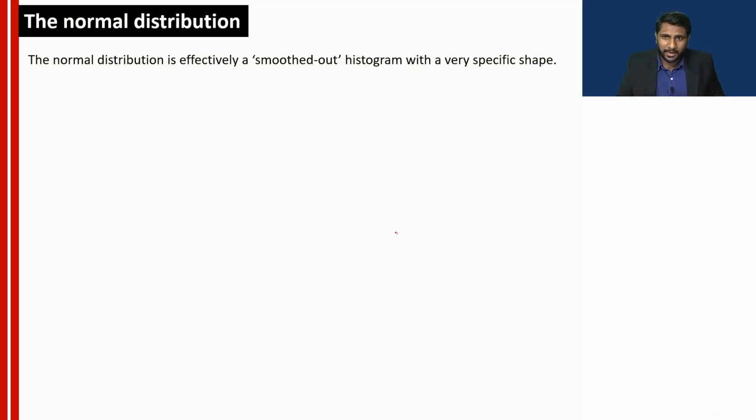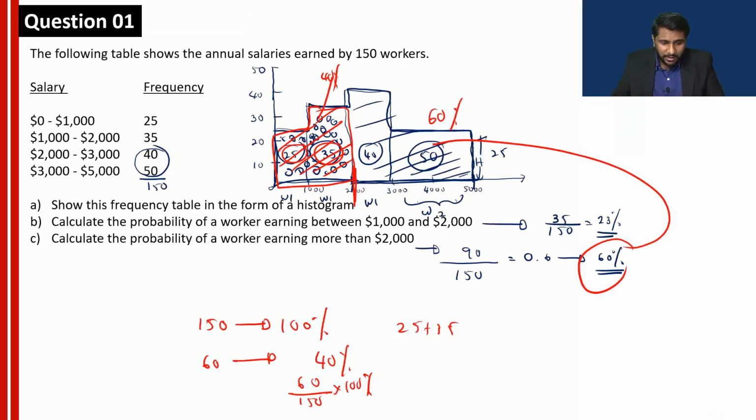But before moving into that, I want to teach you something called normal distribution. What is this normal distribution? The normal distribution is effectively a smoothed-out histogram with a very specific shape. If you look at this particular histogram, it has several rectangles.